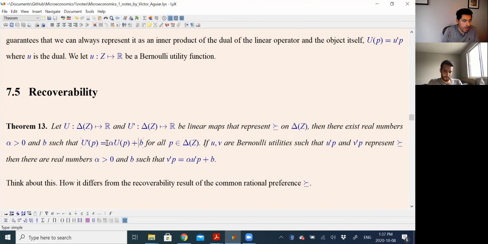The same for 0. My point being that, if you want to actually have exact numbers of intensity, so thanks Yoshiki, right, of the utility, you just need to normalize the utility of the best alternative and of the worst alternative. So in my case, I'm normalizing U of P plus to be 1 and U of P minus to be 0. If I do that, then I can actually get utils.